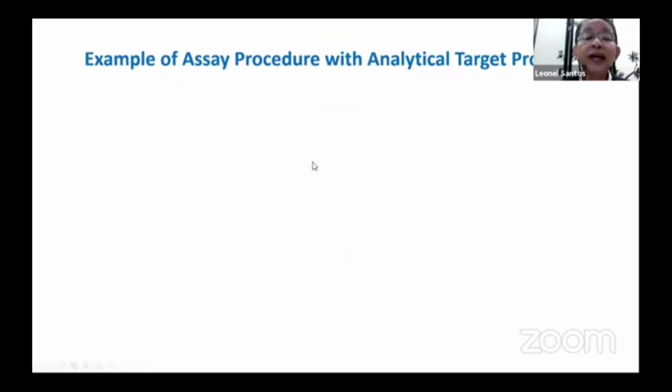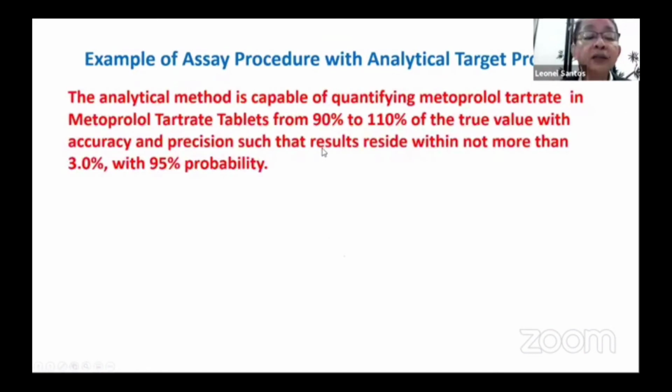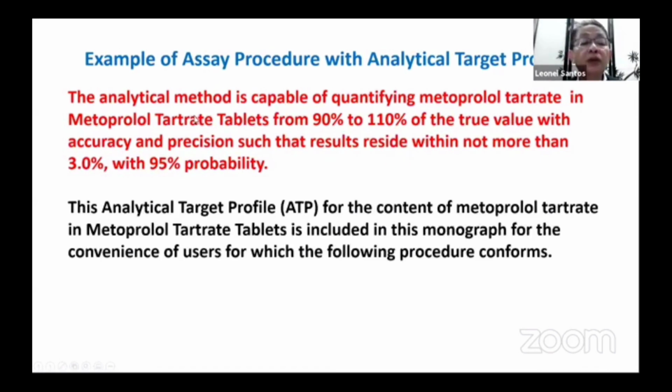An example of an assay procedure with an analytical target profile is shown here. The analytical method is capable of quantifying metoprolol tartrate in metoprolol tartrate tablets from 90% to 110% of the true value with an accuracy and precision such that the results reside within not more than 3% with 95% probability.